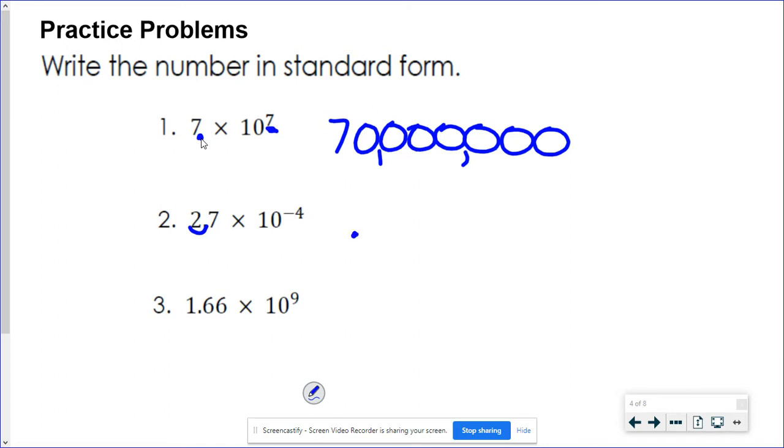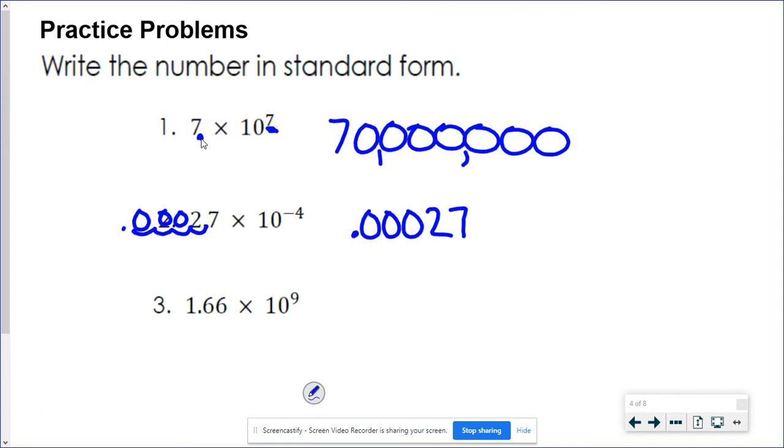Usually I would start with my decimal and say 1, 2, 3 zeros. And then I needed 1 place to get in front of the 2. Now, just looking at that, that's my 4 places that I moved. And then I put my 7 there. If you want to do this, 1, 2, 3, 4. I know I'm writing right over the problem number, but that'd be my 0.00027.